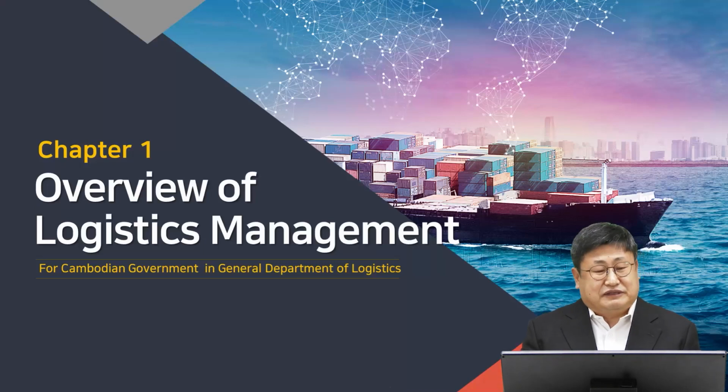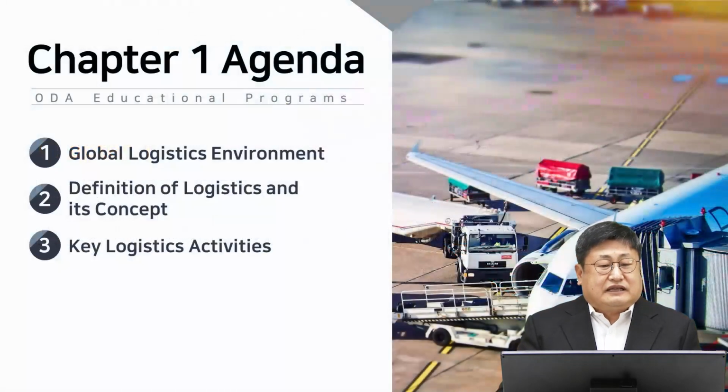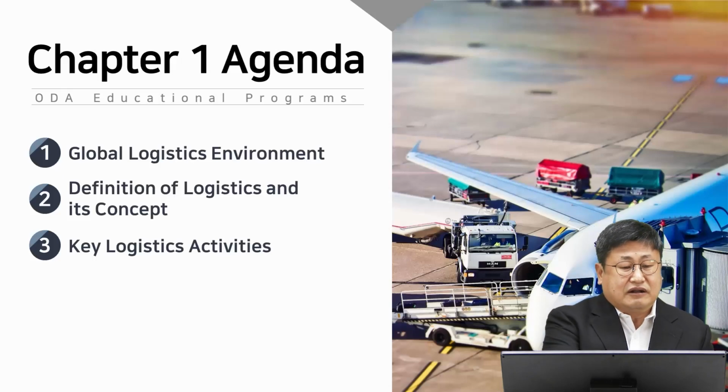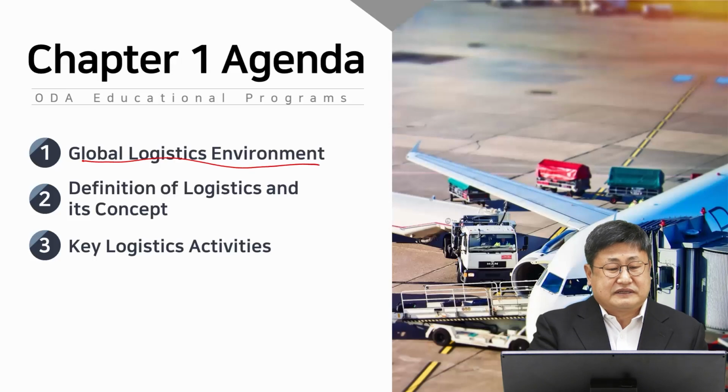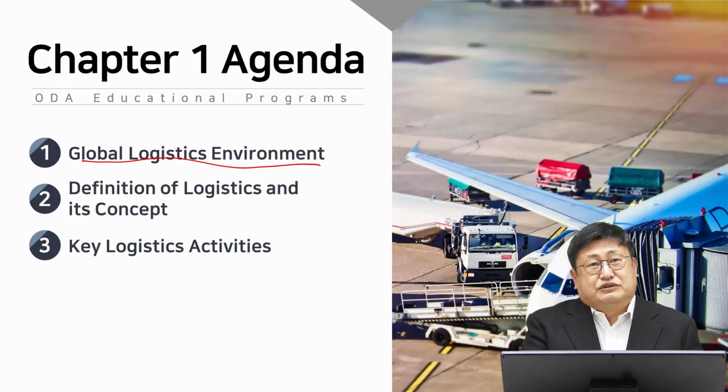Overview of logistics management. Chapter one agenda, I have brought three objects. The first one is the global logistics environment. The global logistics environment is the first thing you should understand, the beginning, the surroundings and circumstances, what's going on on the global side.